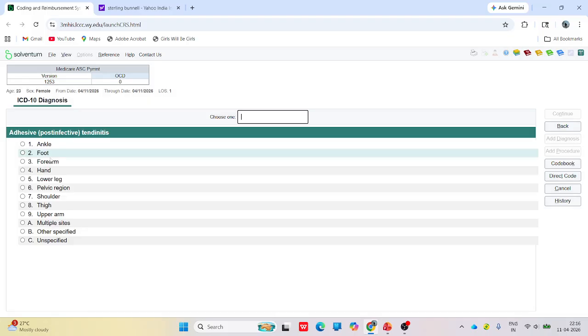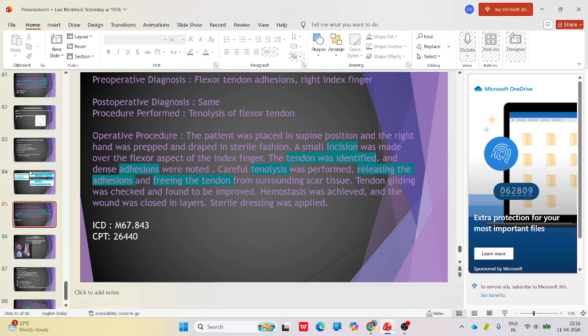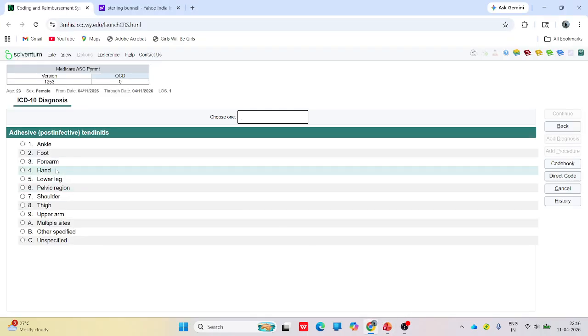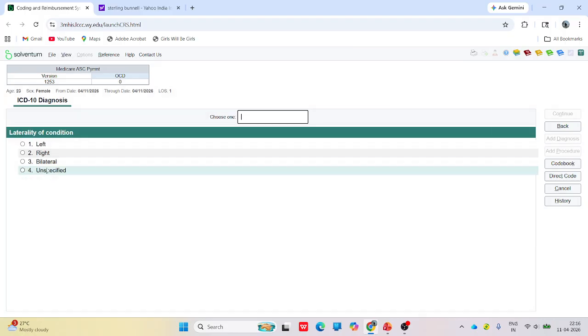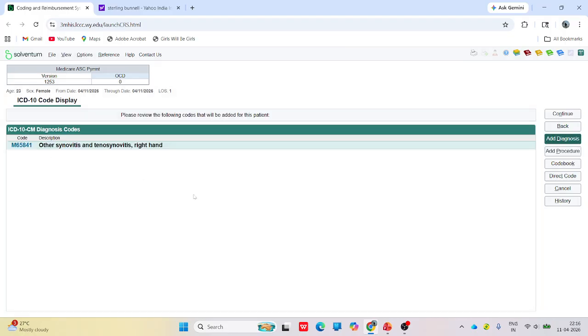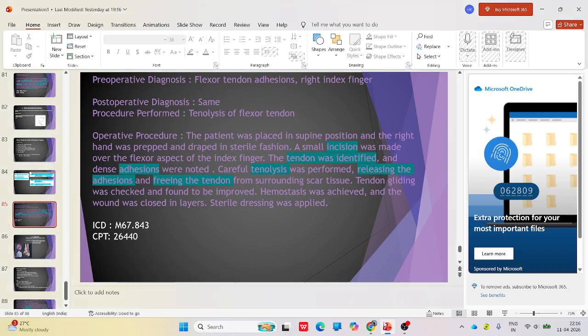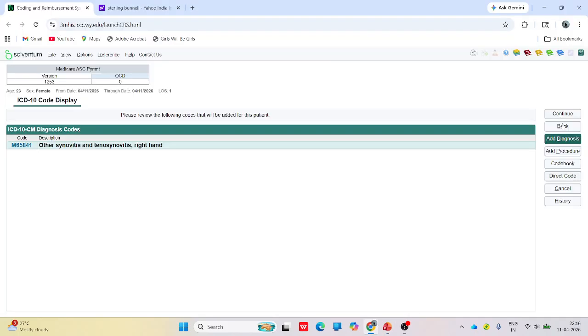And then adhesion of the flexor tendon, right index finger. So it's an M65841. It's an M67.